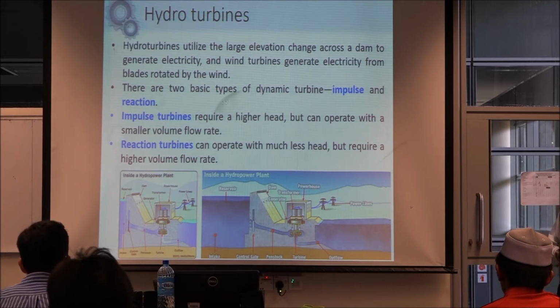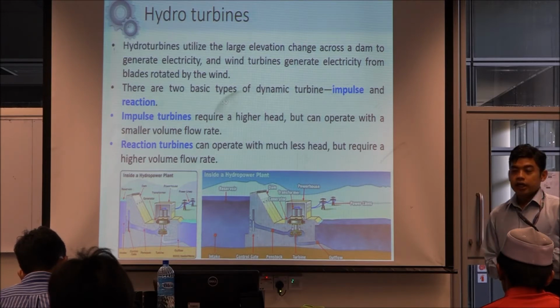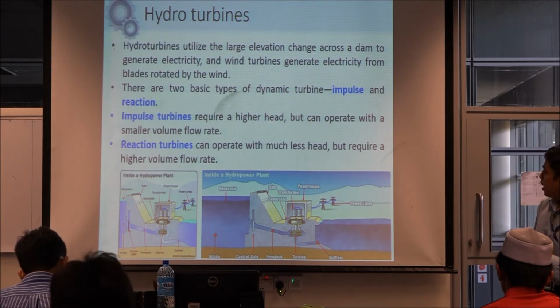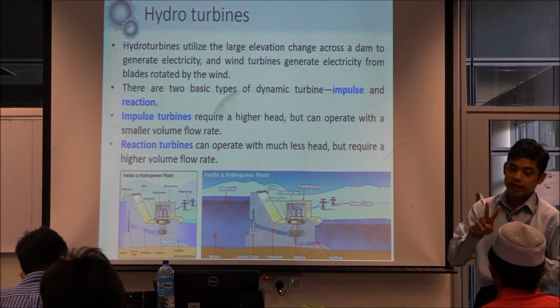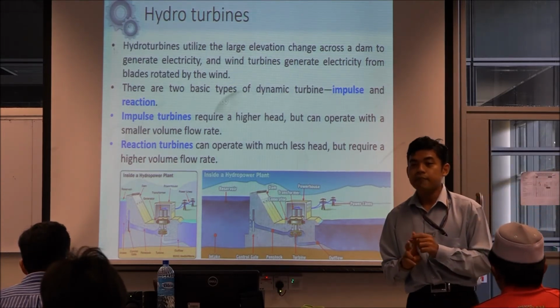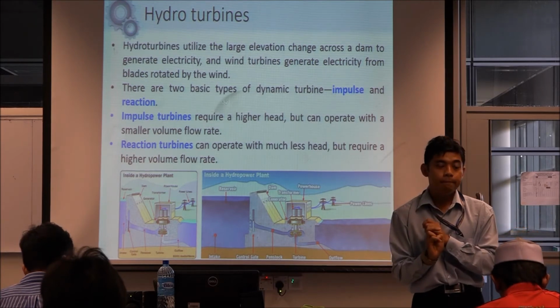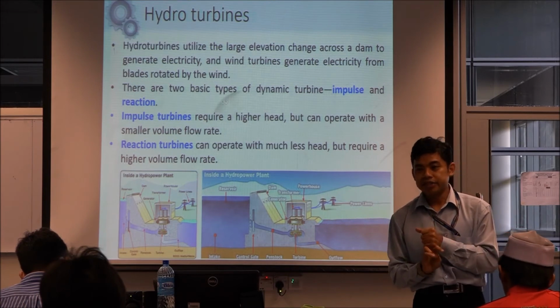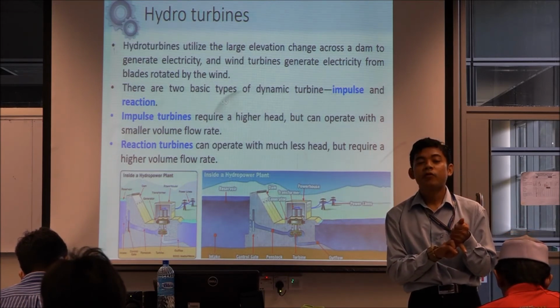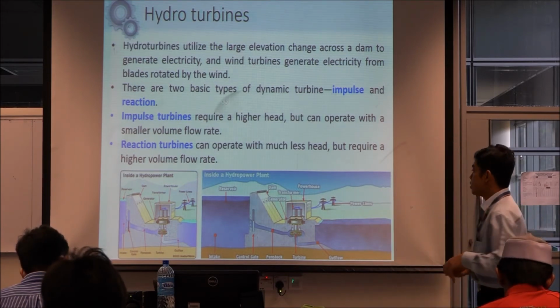So there are two basic turbines. One is impulse and the other one is reaction. Right? And we consider both of them in our experiment. The impulse turbine is the Pelton, the one that we have. And the reaction turbine is Francis.